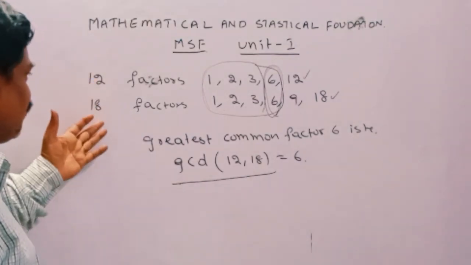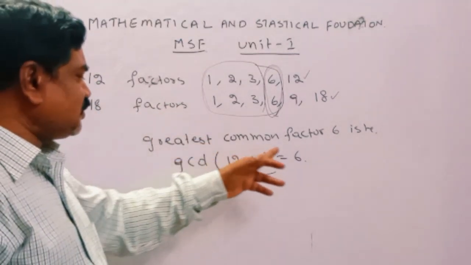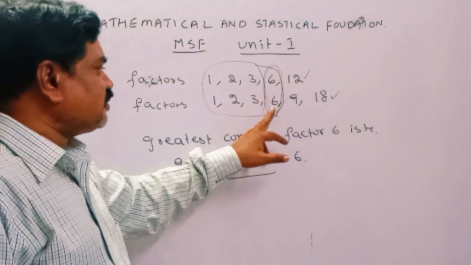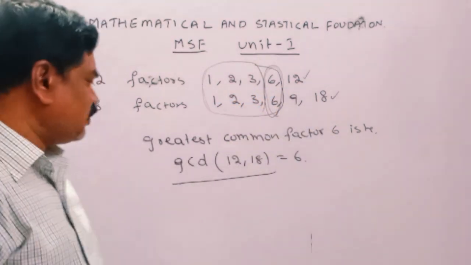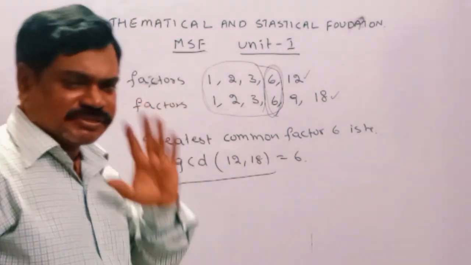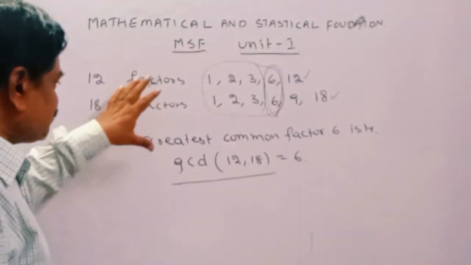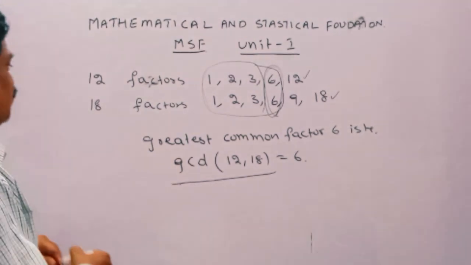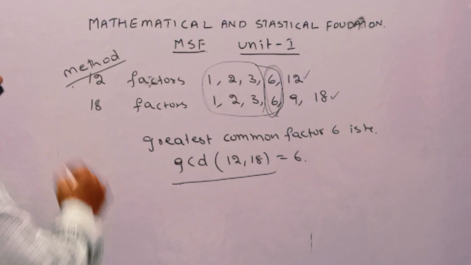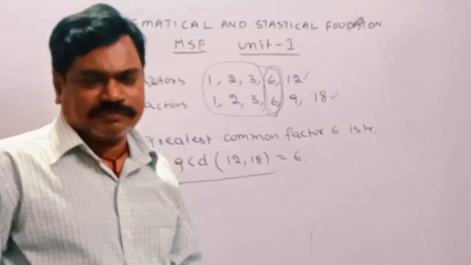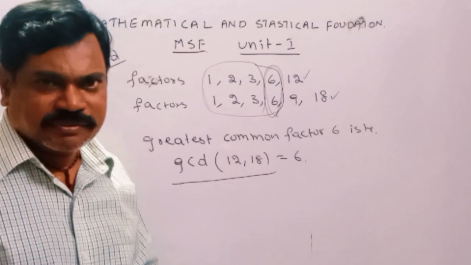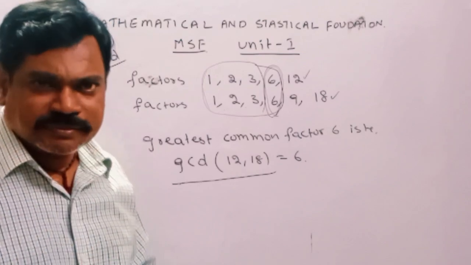When you take 12 and 18, 6 divides 12 and 6 divides 18, then we say GCD of 12, 18 is 6. And this is one process, one method to find the greatest common divisor. And suppose a larger number is there, we follow the other method.